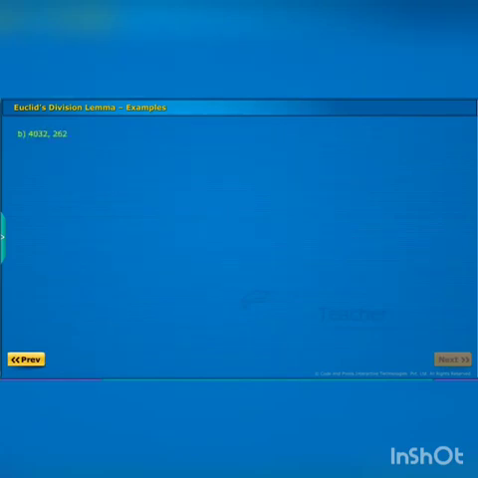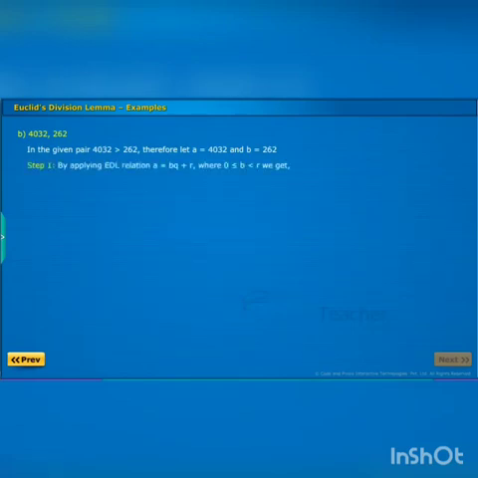B. 4032, 262. In the given pair, 4032 is greater than 262. Therefore, let a equal 4032 and b equal 262. Step 1. By applying Euclid's division lemma a = bq + r, where 0 ≤ r < b, we get as shown.